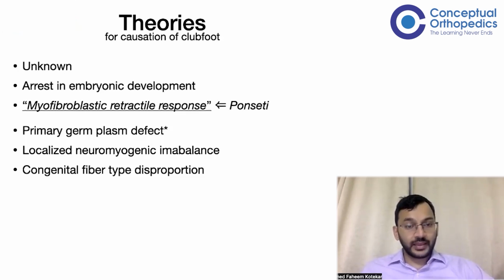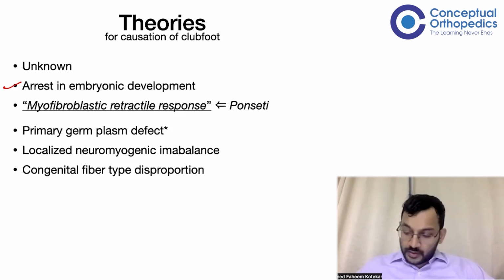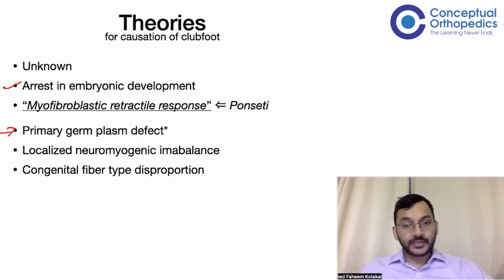Then you have the primary germplasm defect, which is basically a germplasm defect in the talus. Here it was mentioned that a germplasm defect in the talus led to all the deformities seen in clubfoot. Then there were neuromyogenic imbalances, where a particular type of muscles all had white type of fibers.